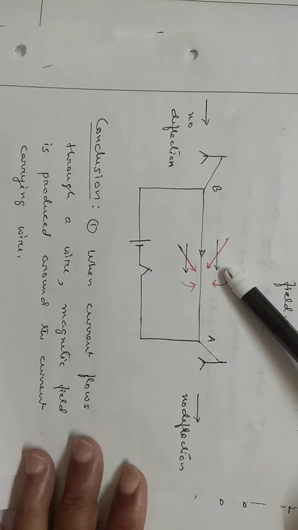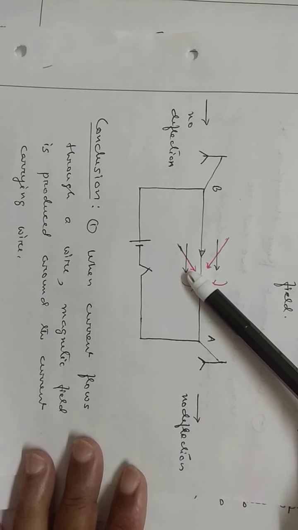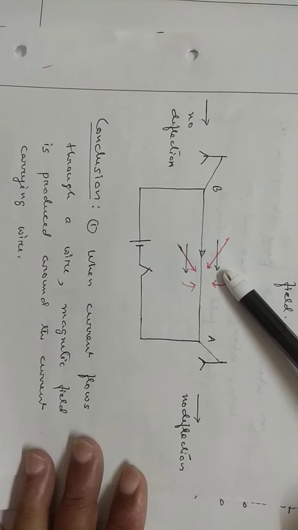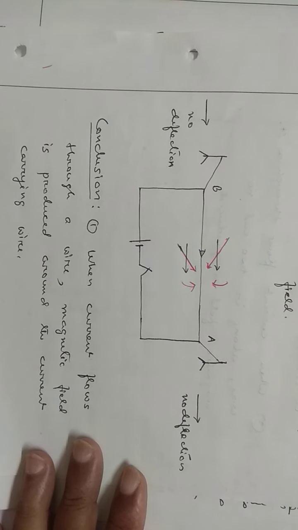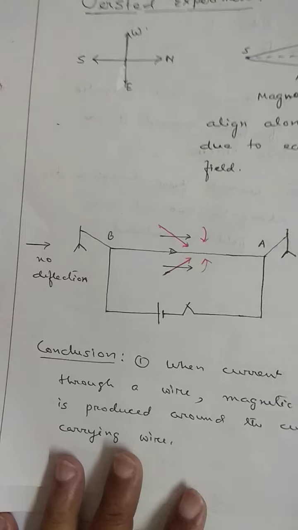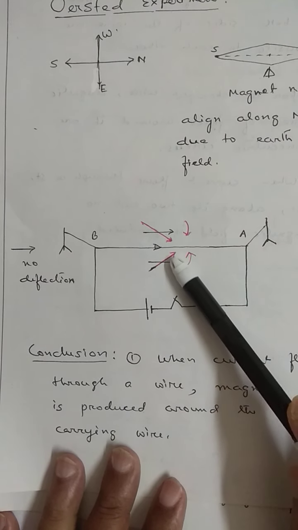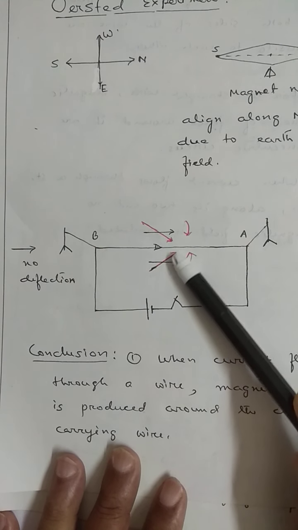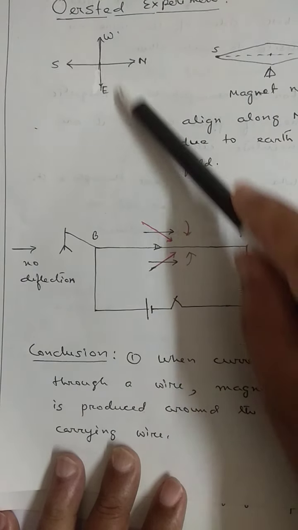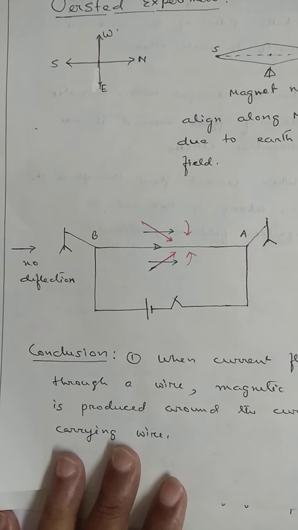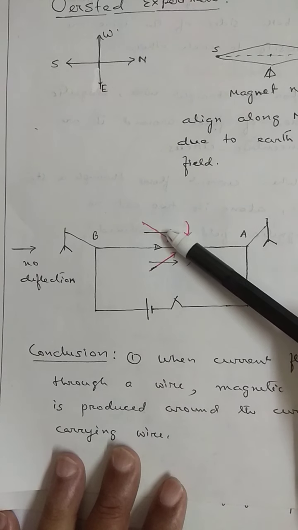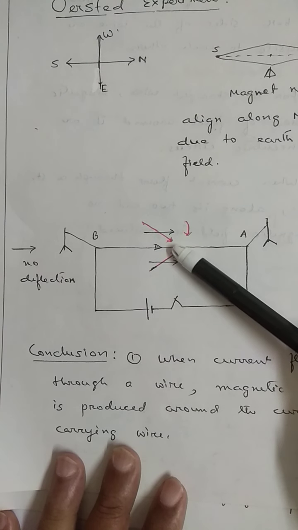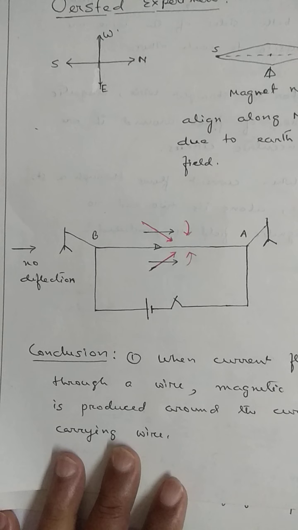And what is the nature of deflection of the needle which is placed below the wire and above the wire? The nature of deflection is exactly opposite. You just see, the needle placed below the wire gets deflected towards the west and the needle placed above the wire gets deflected towards the east.